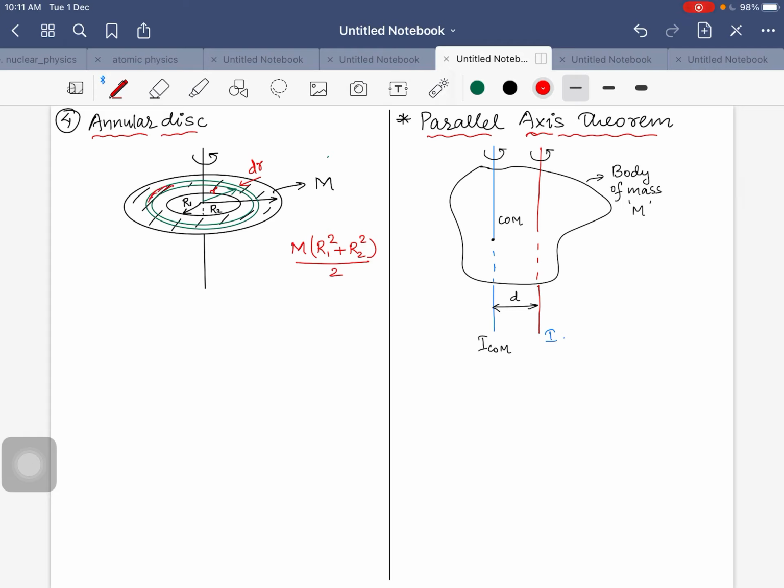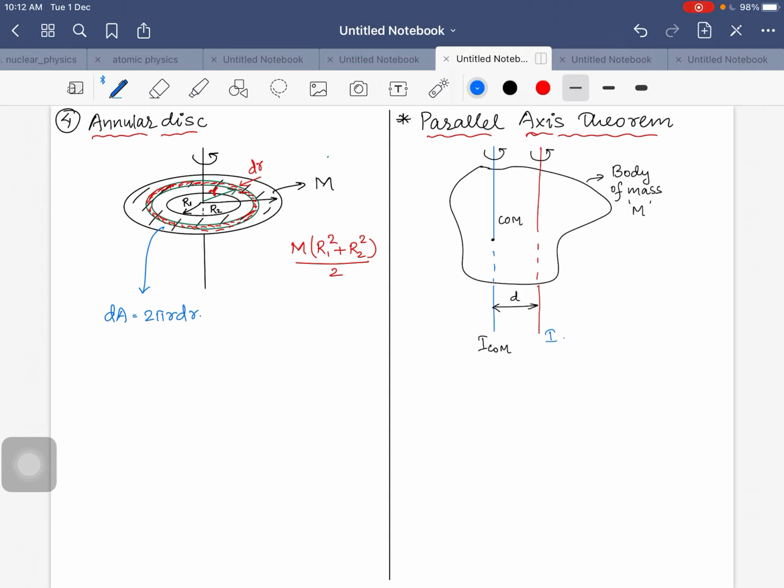Now we need to calculate what will be the mass. This is not the question of variable mass, the mass m is given. So this complete area has mass m, so what will be the mass of this area? Now can you tell me what will be the area of this ring? dA, simple, we took a ring, so it will be 2 pi r dr. Now how to calculate the mass? It is not a variable mass problem, it is uniform only, but the figure given is not a regular figure.